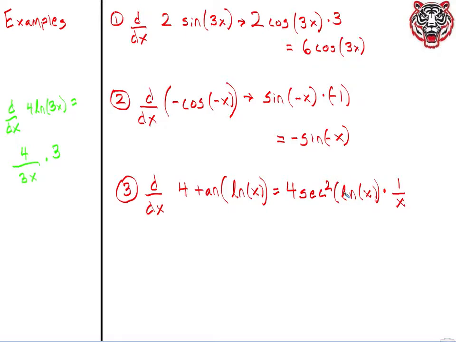All right, so maybe since we've been simplifying, I'm going to go ahead and do it. 4 secant squared of natural log of x, all of this divided by x. Wait, I thought you said you weren't gonna do that. I feel like I just need to be consistent, although I did it with a different color.